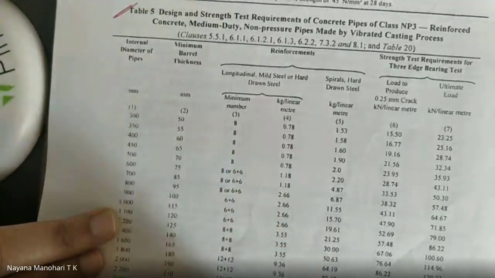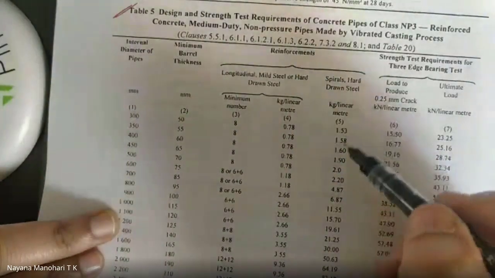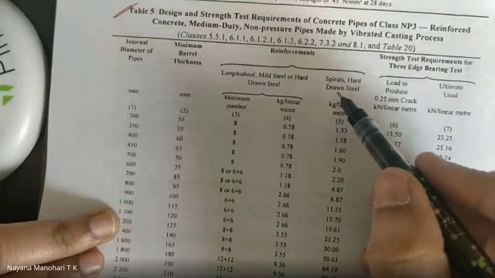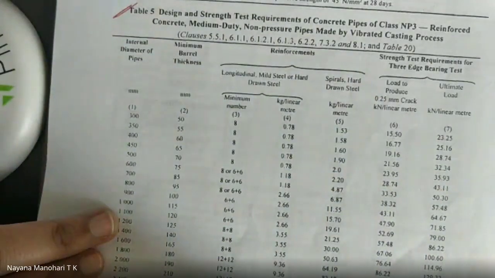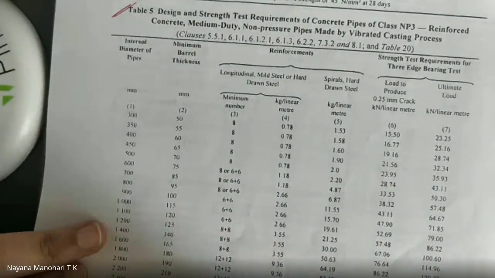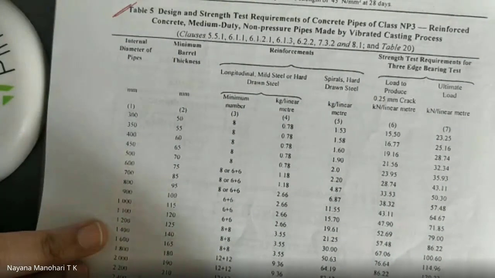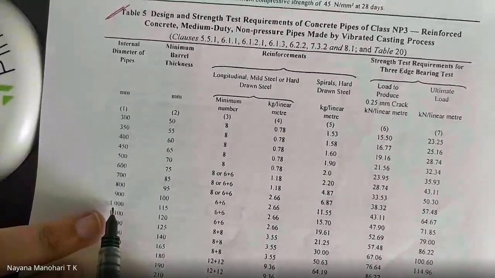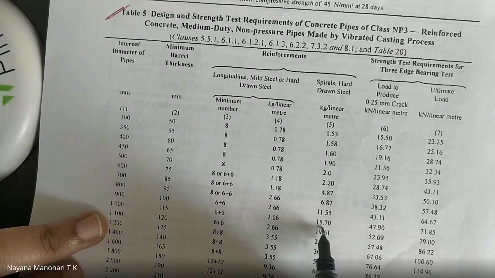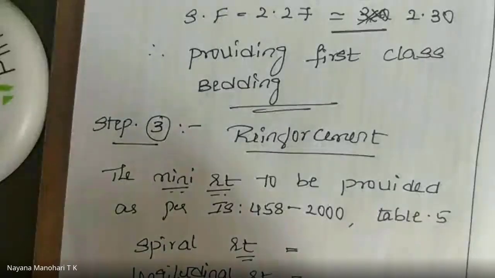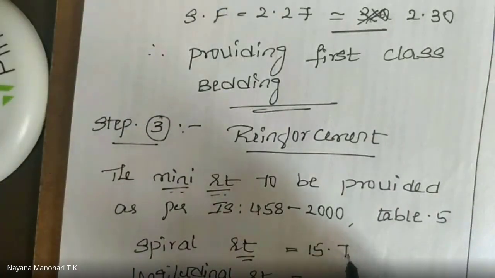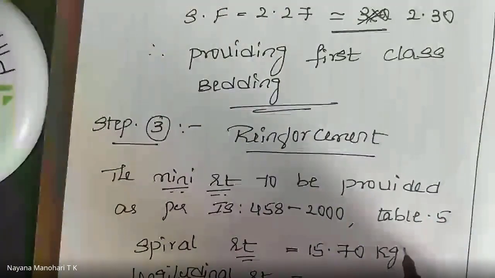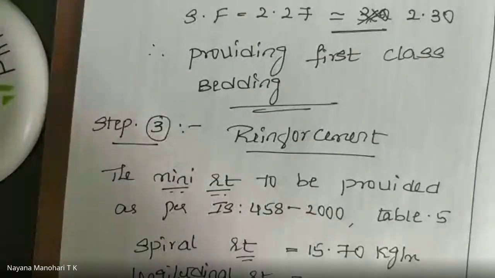For different diameters, they specify per meter length how much kg of spiral reinforcement is needed. They have specified it in this table. For our problem, the internal diameter is 1000 mm. For that, the spiral hard drawn steel is 15.70. Take it down, that is 15.70 kg per meter. That is the spiral reinforcement.